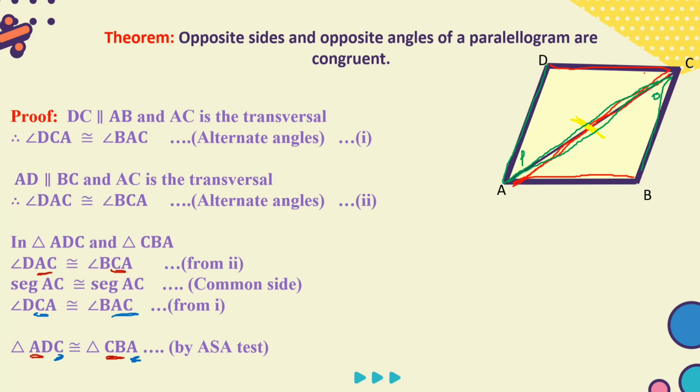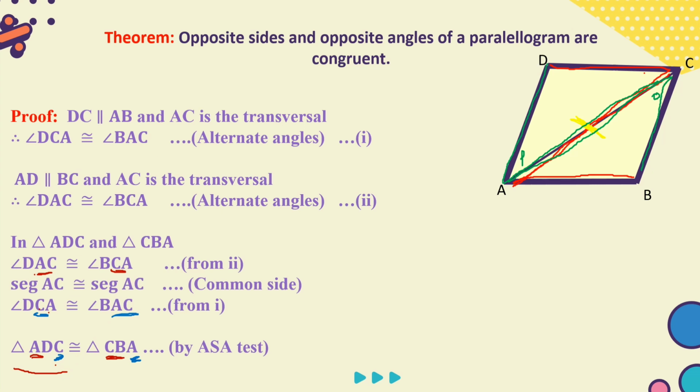Like already written, triangle ADC is congruent to... angle A is congruent to angle C, so with A we will write C. Angle C is congruent to angle A. So angle C will come with angle A, and the remaining D and B will be as they are.